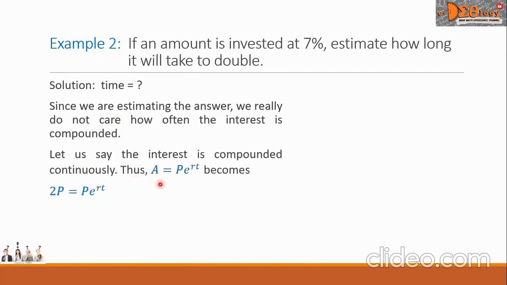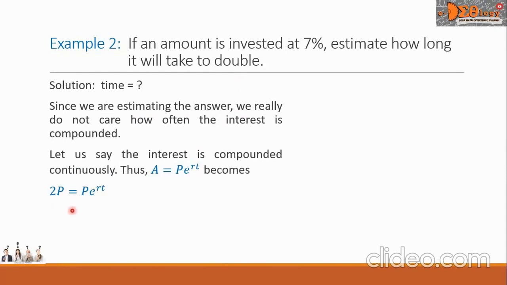Then the formula A equals capital P times the constant e raised to RT becomes like this. To double the amount, it means to double that principal, so the A is now changed into 2P equals the same right side.